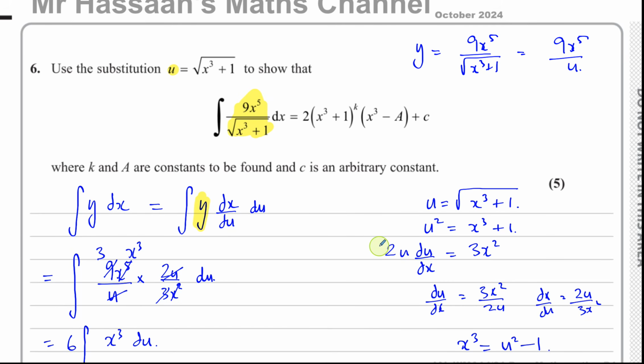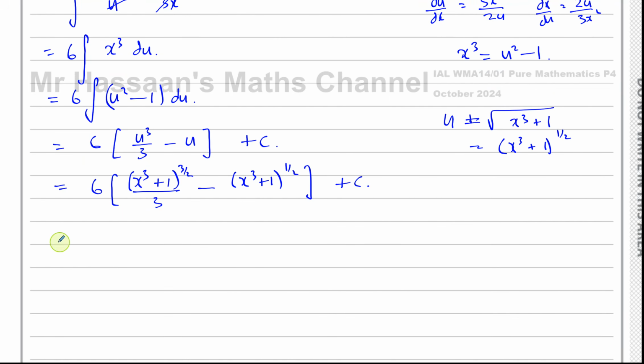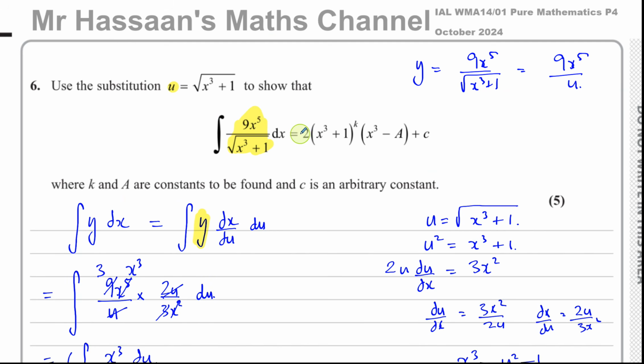Okay, so if you expand this, you're going to have 6 times this, that's going to be 2 times x cubed plus 1 to the power of 3 over 2 minus 6 times x cubed plus 1 to the power of a half plus c.